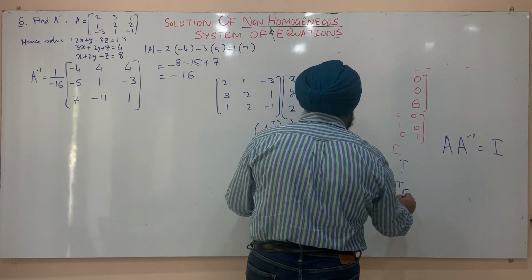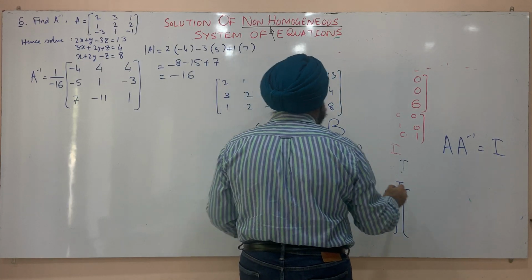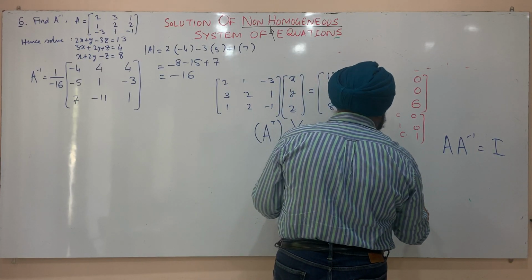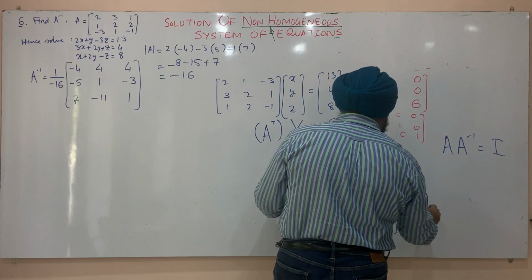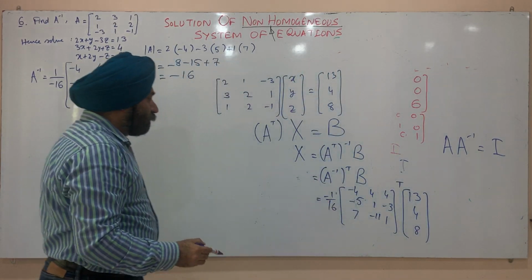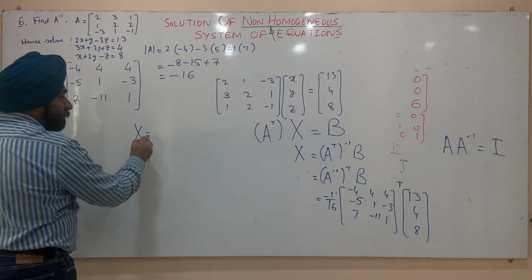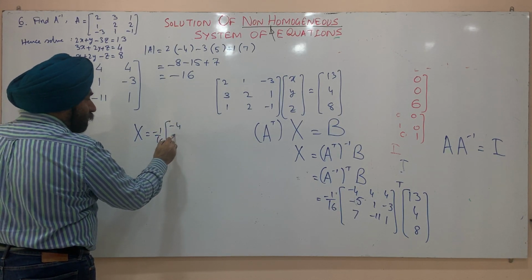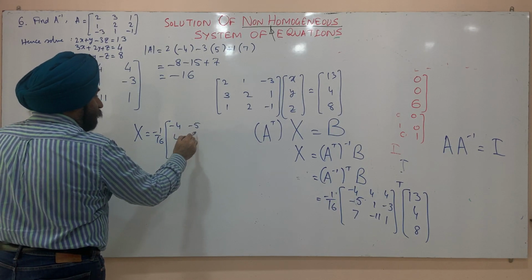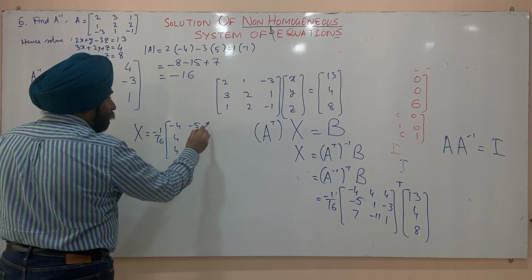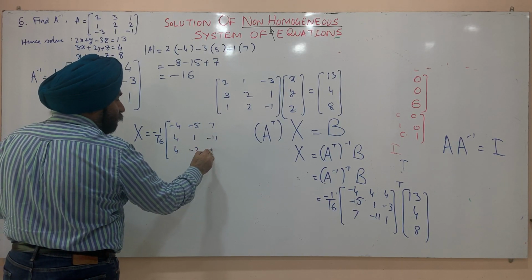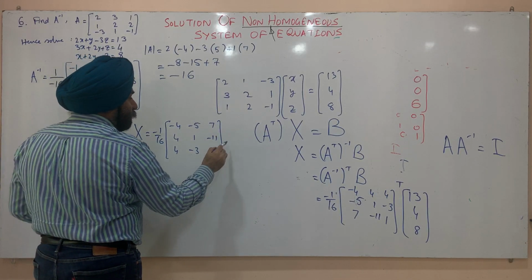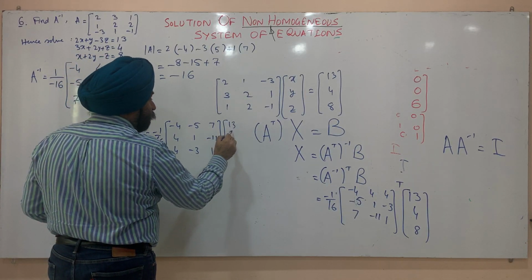Transpose of this into B, which is the column matrix 13, 4, 8. You can take the transpose by interchanging rows and columns.